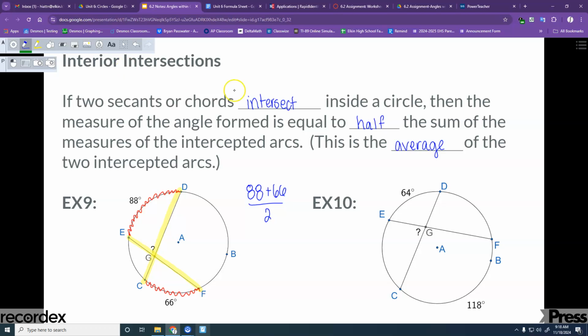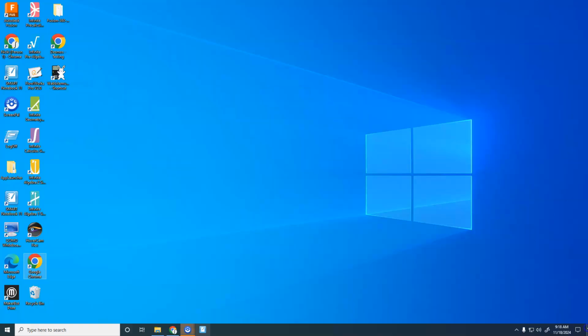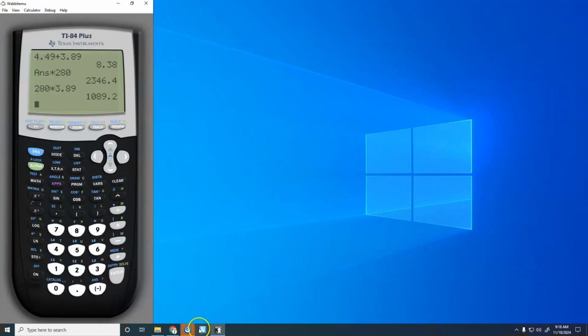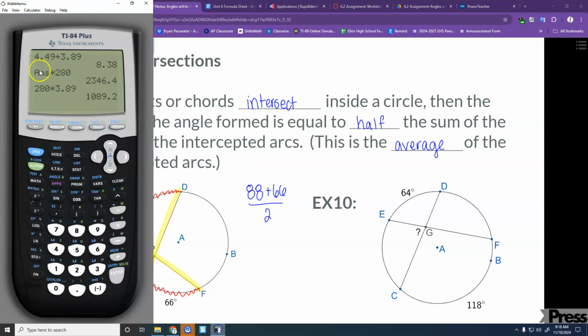We'll go ahead and grab the calculator for that one. If we do 88 plus 66, be careful and hit enter before you divide by 2 or you'll get it wrong. So we get 77.